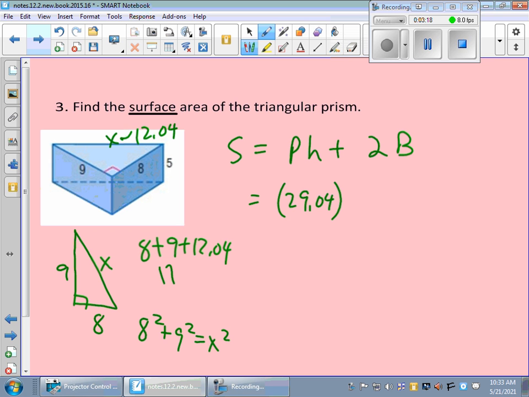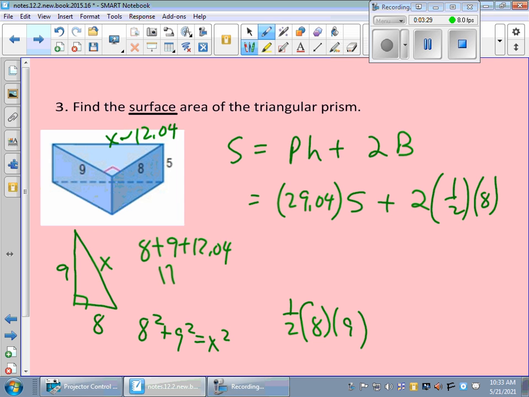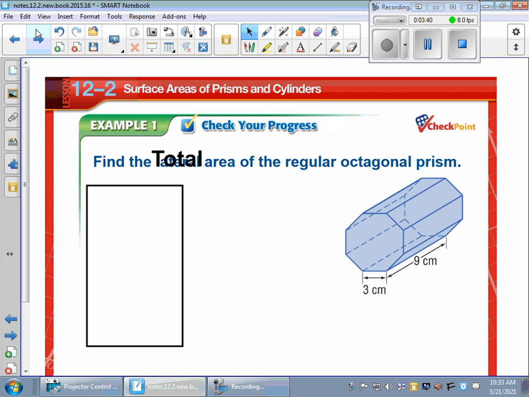You have a height of 5. Your area of your base is 1/2 of 8 times 9. So we're going to put that in. You should output a grand total of about 217.2, I think.